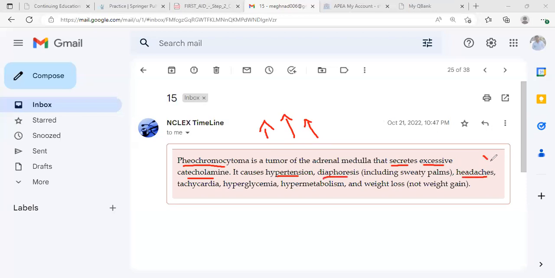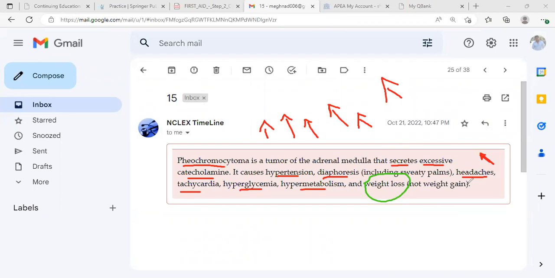Headache is also a symptom of increase. Tachycardia means heart rate increase. Hyperglycemia, blood sugar increase, right? Hypermetabolism, metabolism rate increase, but weight loss, right? But weight loss, not weight gain. So everything is increased except weight.